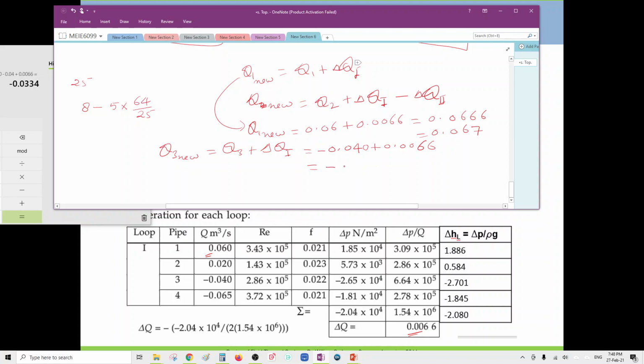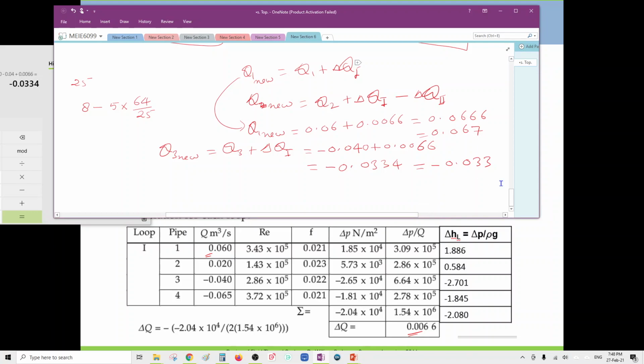My result is minus 0.0334, and if I take the accuracy up to 3 digits, this is minus 0.033. Okay, so similarly we can do it for Q4 also.